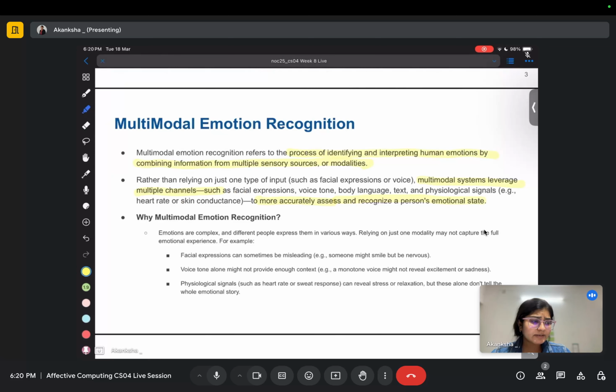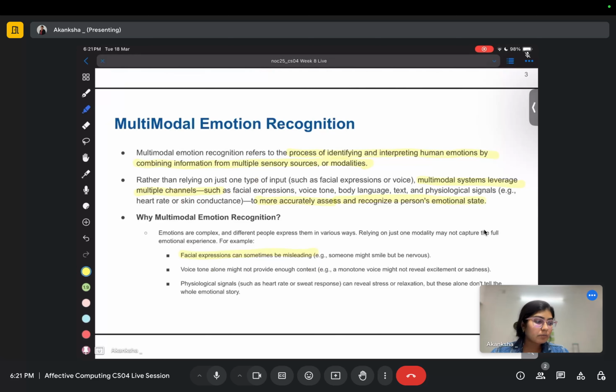For example, facial expressions can sometimes be misleading because we can fake those expressions. Someone might smile but be nervous, let's say in an interview where you feel nervous but are still smiling. Voice tone alone might not provide enough context. Voice tone is involuntary, so it is a better approximation of what emotion you are feeling, but still we need more context.